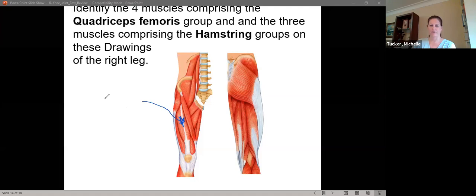I might say, what is muscle X? And you would need to tell me it is rectus femoris and give me an antagonist. And you would need to name either biceps femoris, semitendinosus, or semimembranosus.